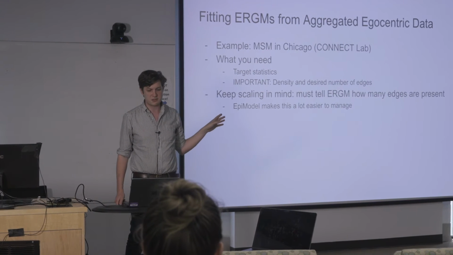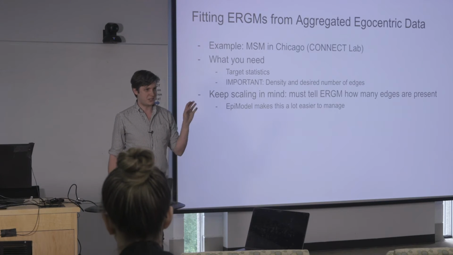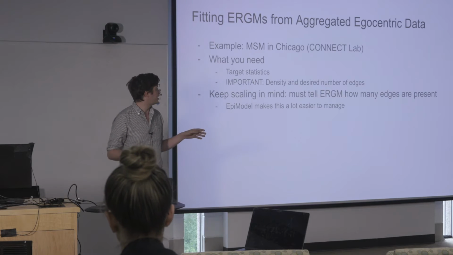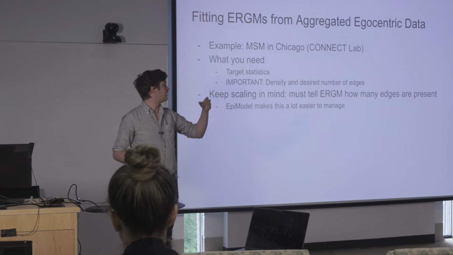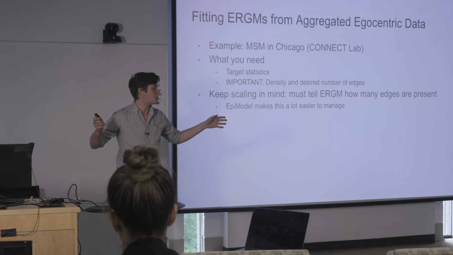One important thing to bear in mind is that when you're fitting this, you're going to want to know the density of your network, and you're also going to want to know the desired number of edges within the network, because your sample of respondents for your egocentric network is typically going to be much smaller than the population you want to simulate.